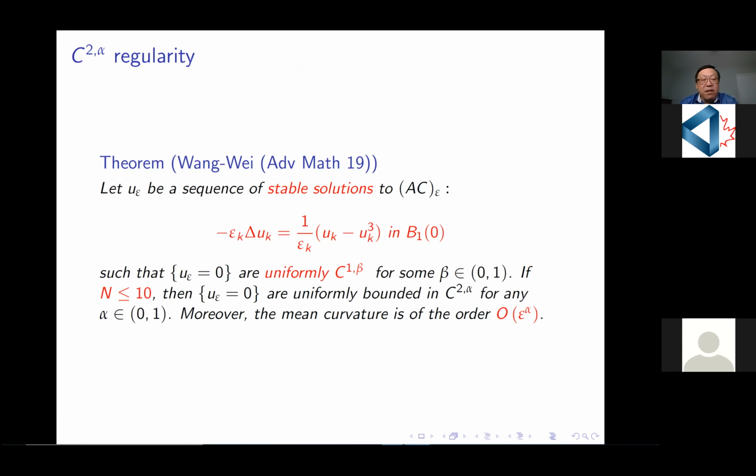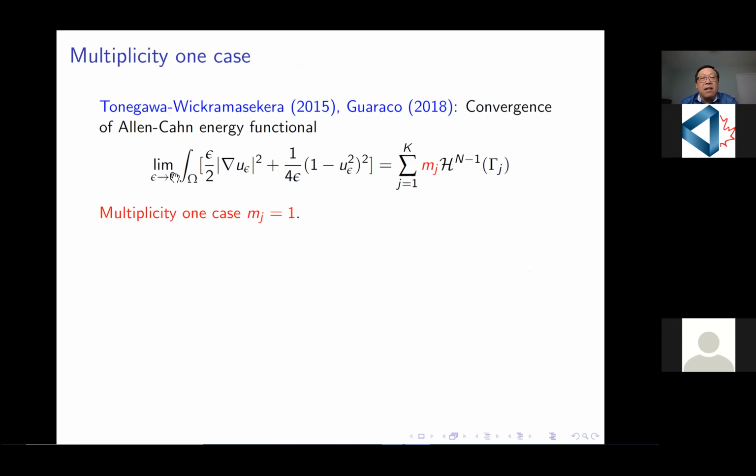Okay. And why do we need this dimension? Before I do this, let's discuss the multiplicity one case. If we have the Allen-Cahn equation and convergence, we have the so-called convergence of the energy functional, and this is proved by Tonegawa and Hutchinson-Tonegawa, and Wickramasekera, in 2018 also.